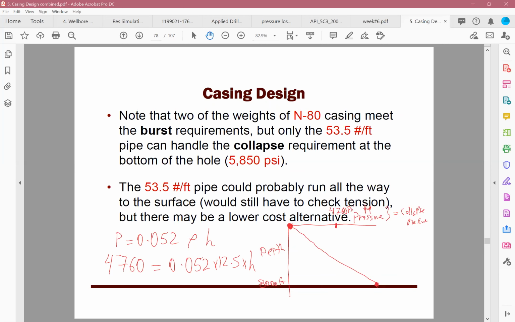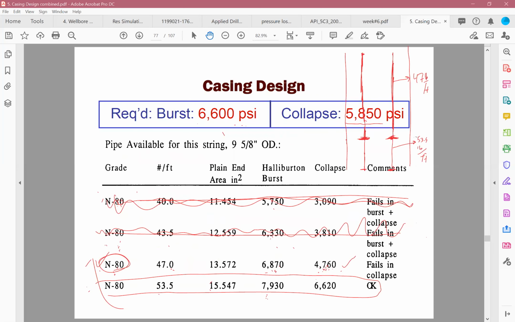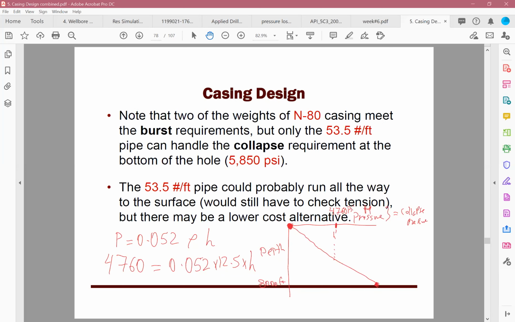At what depth do I have a 4,760 psi collapse pressure, which makes it equal to the rating of my casing? This is the collapse pressure, and my collapse rating is 4,760 for this lower weight casing. So I want to see what depth that is, and if I want to do that, I just use the hydrostatic pressure equation, and I want the pressure to be 4,760.